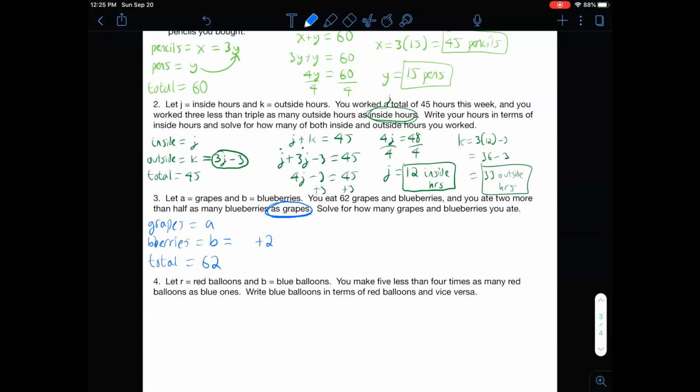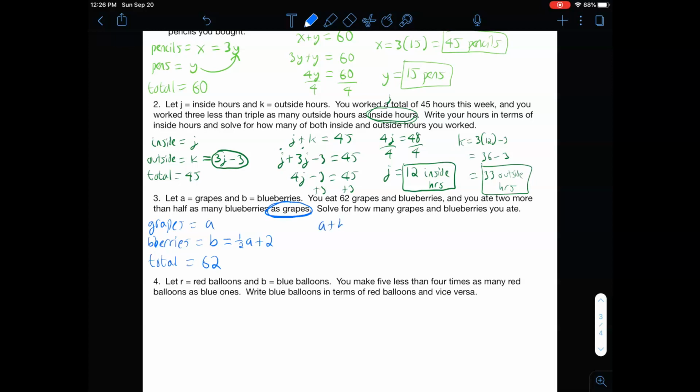Now half as many blueberries is going to be 1/2 of A. So we're describing how many blueberries we had: 2 more than half as many blueberries as grapes. Okay?